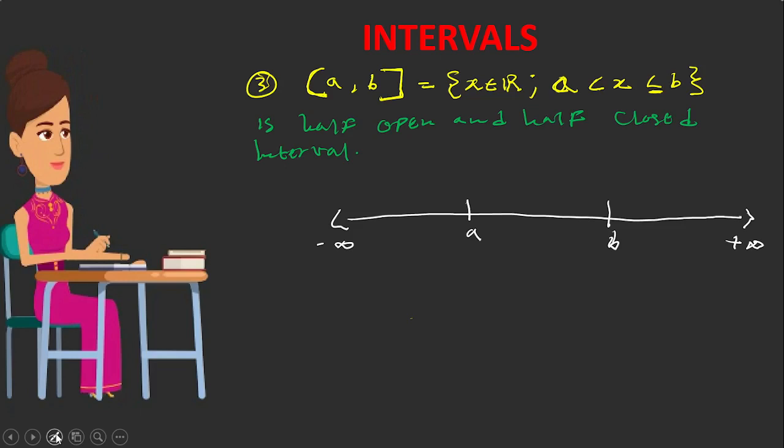A is not part of the set. And then B is part of the set. So this is what you can interpret from that.